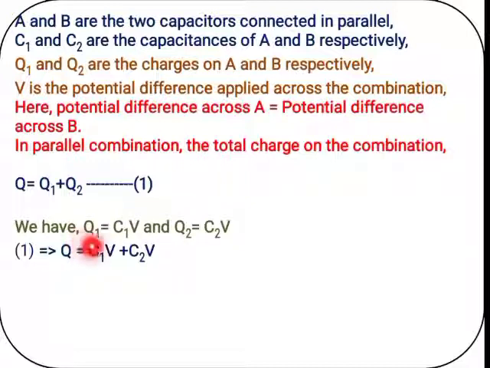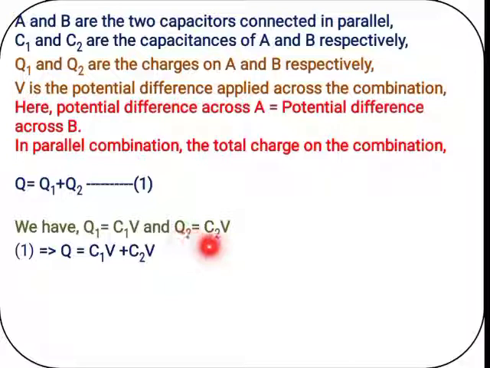Then we have Q1 is equal to C1 into V, or V is equal to Q divided by C. We know this expression from the capacitance. We already studied these formulae. In the previous case also we used this expression.